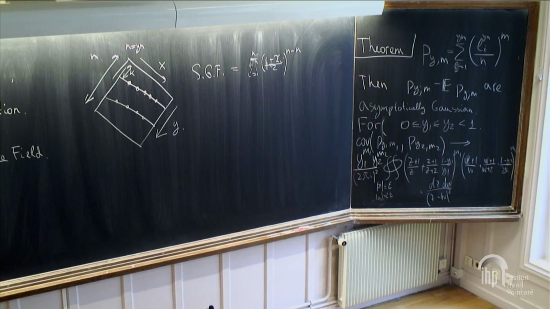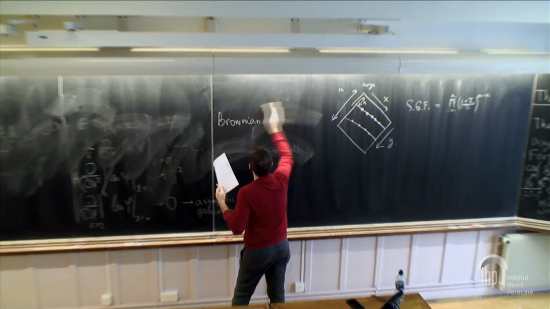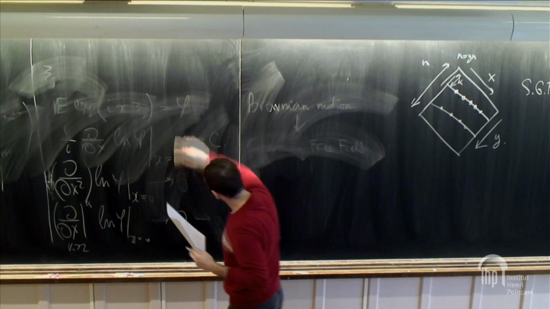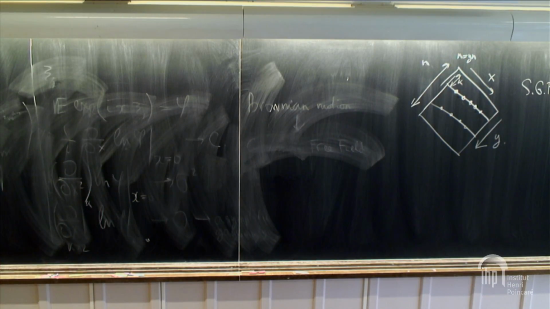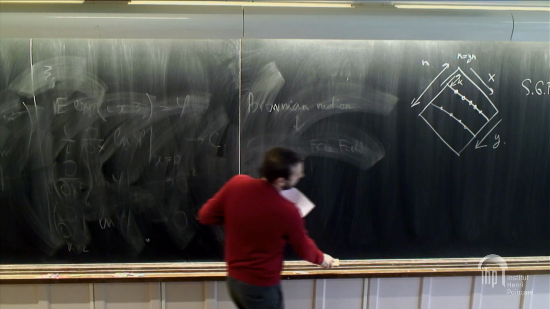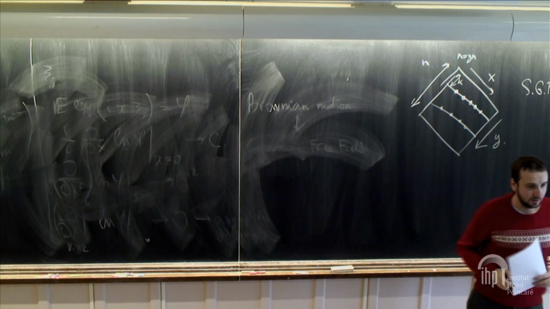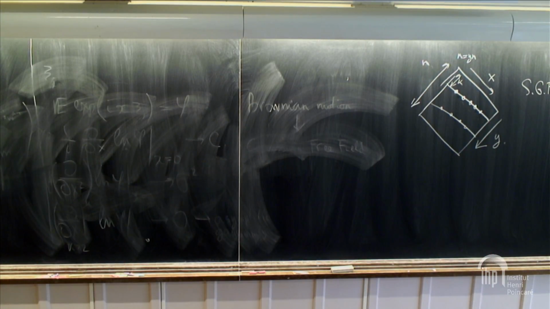I don't think that we need this formula anymore. So these will be elements of the proof of this theorem, and then afterwards, I will give you an interpretation of this theorem.